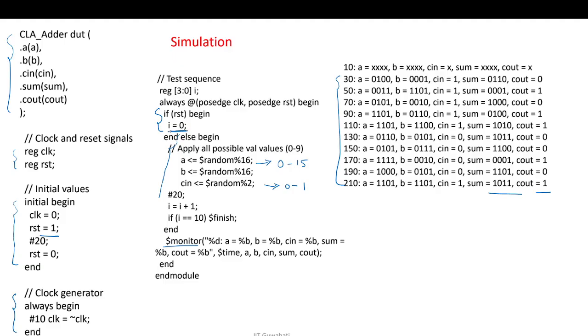We start from 0, and then after that, it will come to else begin end. After the reset is set to 0, it will come out of this if block, it will come to the else block, and 10 times it will give different random values, and these values will be applied to this CLA adder, and we will have different combinations of input and output.